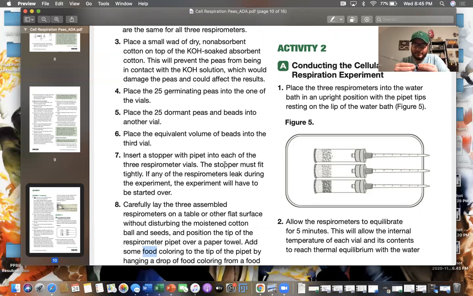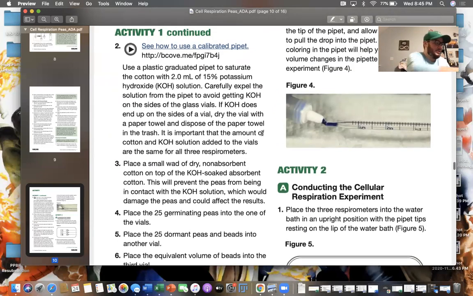All right. Get this one situated. Again, be very gentle. You don't want to break your pipettes. The other thing we can do first is put our absorbent cotton down onto the nickel.